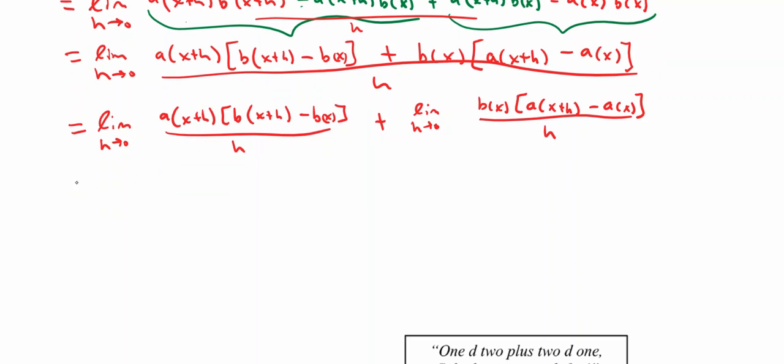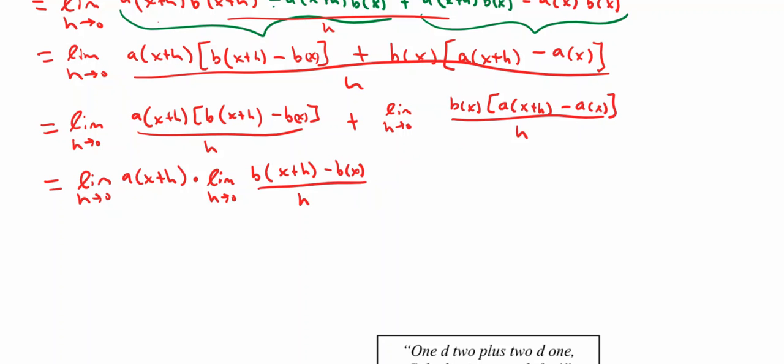Now we can split this up even further, and we can say the limit as h approaches 0 of, and I can just take the limit of just this chunk and then just this other chunk, right? Take them on their own. So we'll say the limit of a of x plus h, okay, times the limit as h approaches 0 of everything left here. So that would be b of x plus h minus b of x all over h.